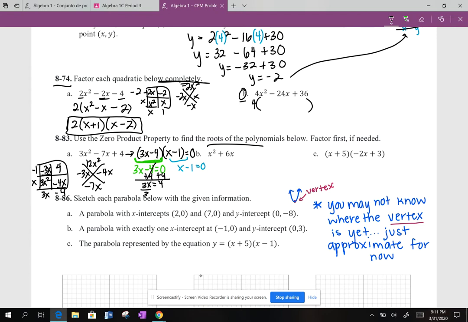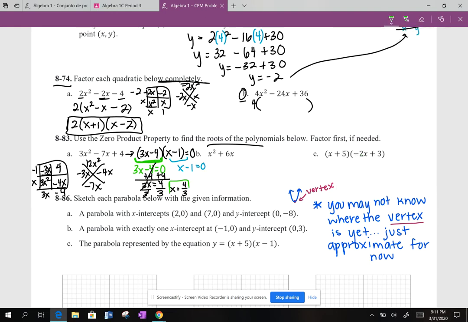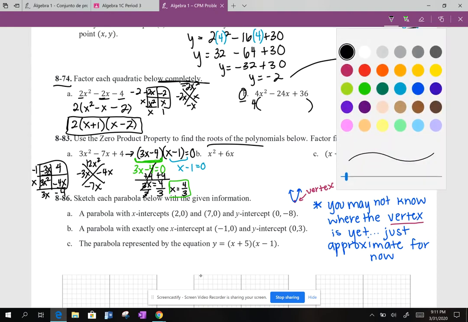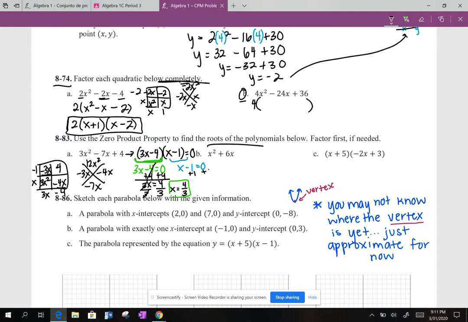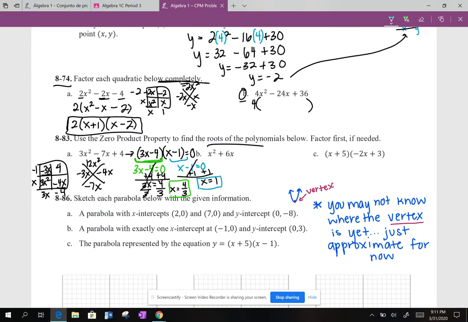I'm going to divide both sides by 3, and I'm going to keep my answer as an improper fraction, 4/3. That's one of my answers. My other answer would be x equals 1. That's it. Okay, that's all you have to do here.